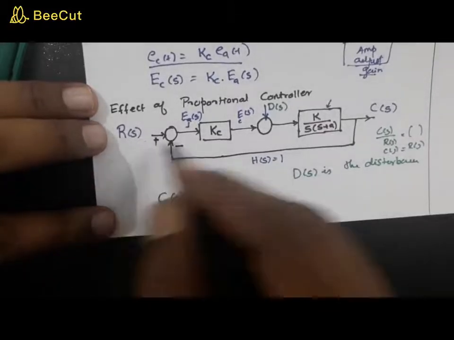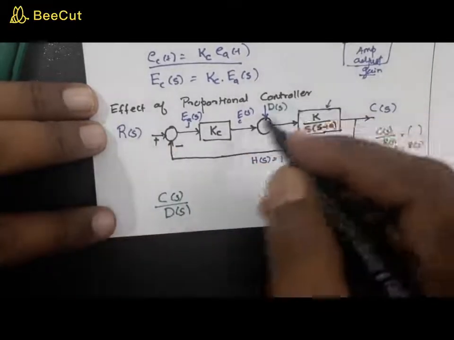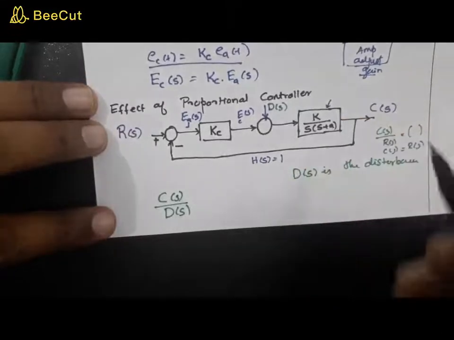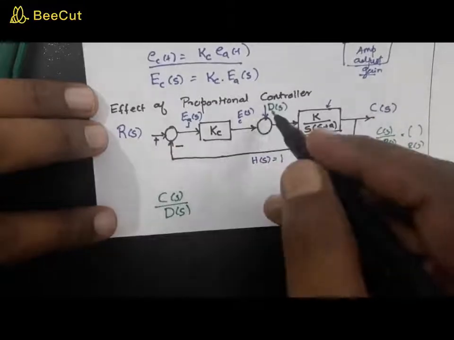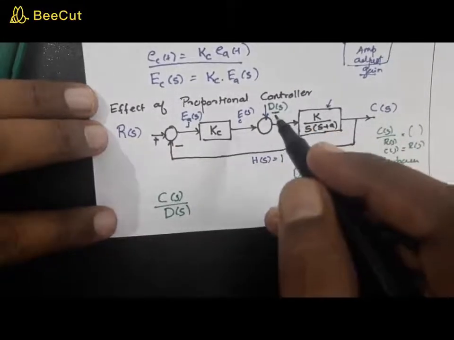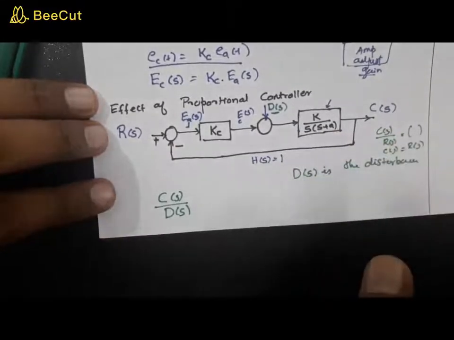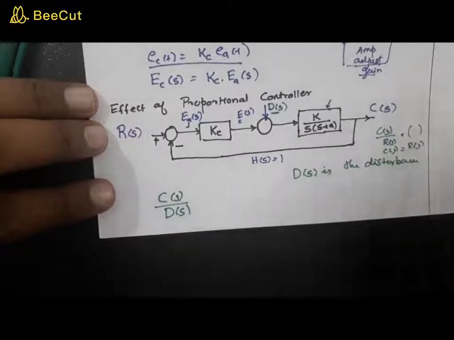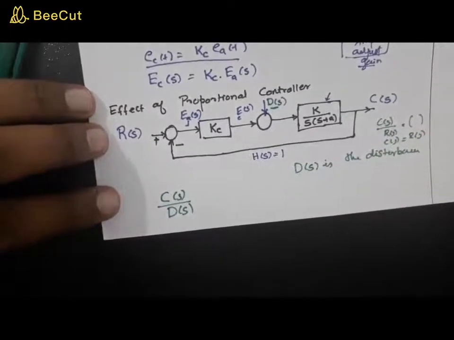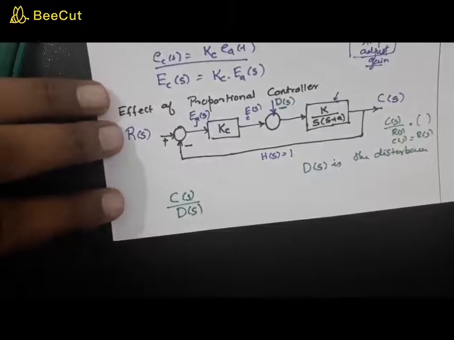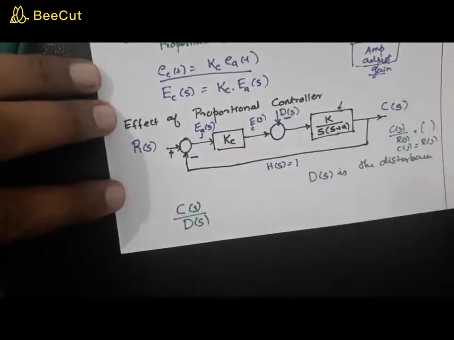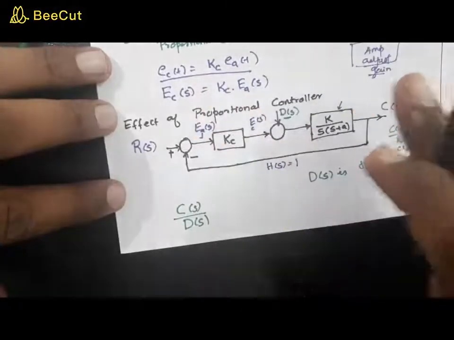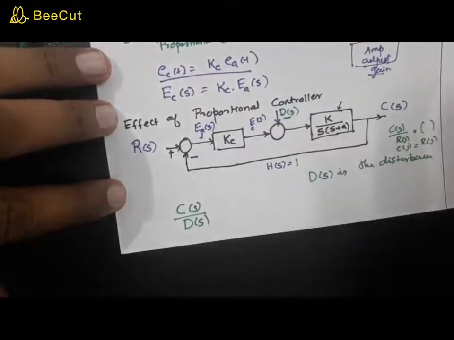Now look at this. This system has two inputs. So how will you find the effect on C of S due to this D of S? If you have more than one input, and we had an assumption earlier in our module, in the first module itself, that whatever we study is a linear time invariant system.